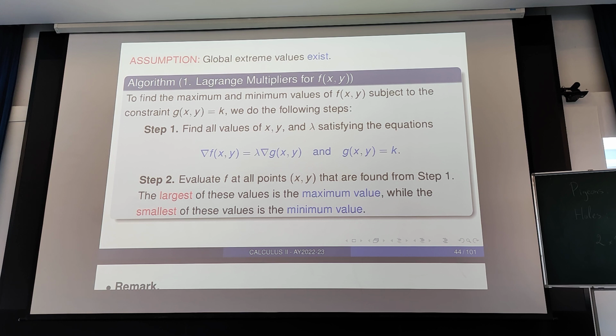It's very similar to the second step of the closed interval method from calculus 1, right? You remember that? In calculus 1, you have a method to find the global extrema of a one-variable function. That is called the closed interval method. And in the last step of that method, we also need to compare all values of the function f.